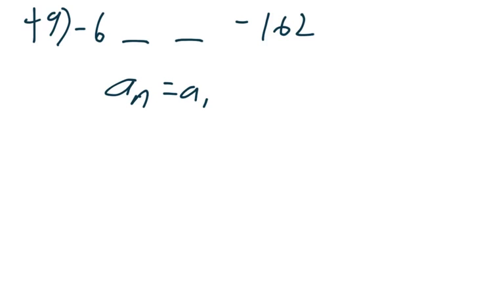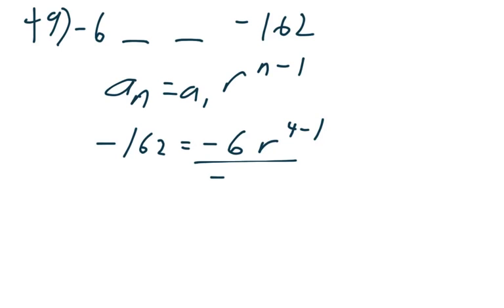Number 49. This time we have two geometric means in between -6 and -162. So a sub n equals a sub 1 r to the n minus 1. So -162 equals -6 r to the 4 minus 1, divided by -6.